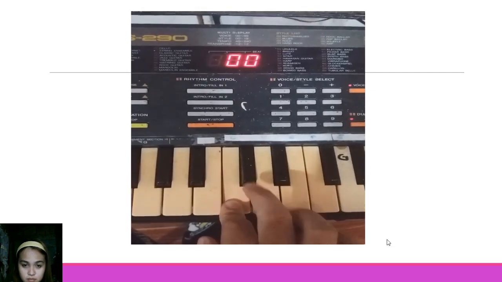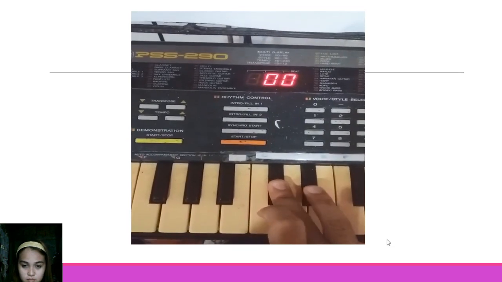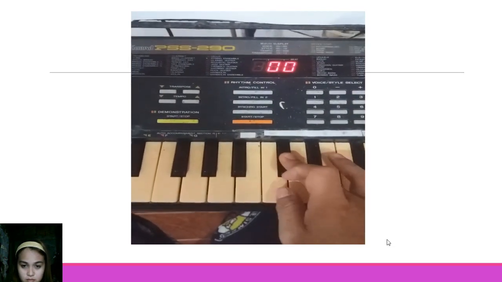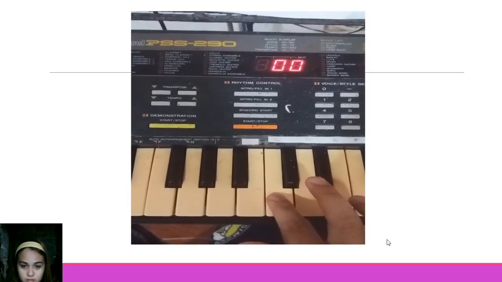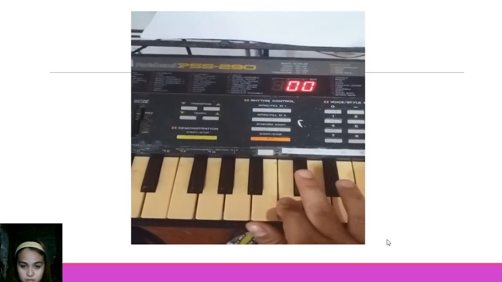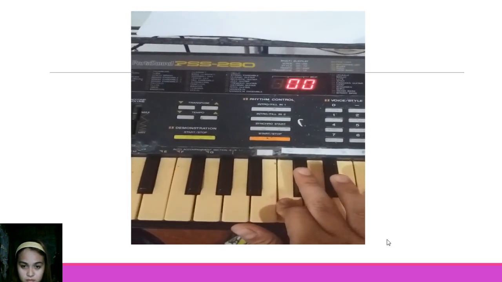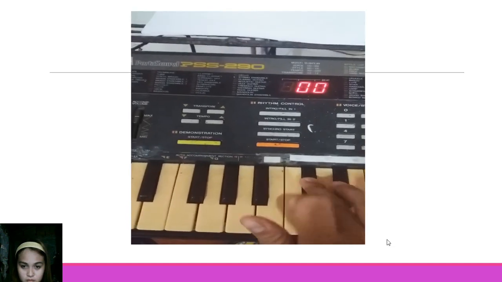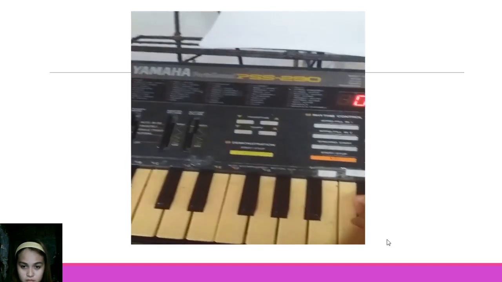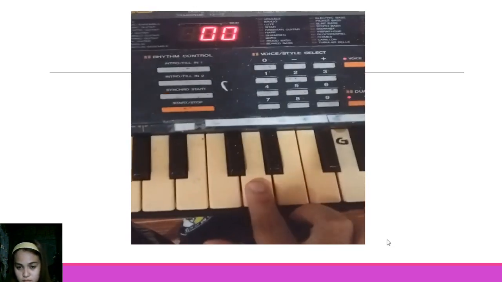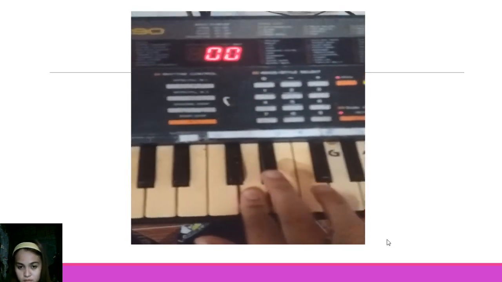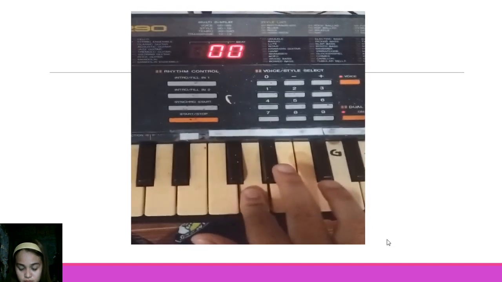When we do sharp C, can you differentiate the tone? Lower C or the natural key. The sharp C. The lower or natural key D. The sharp D.